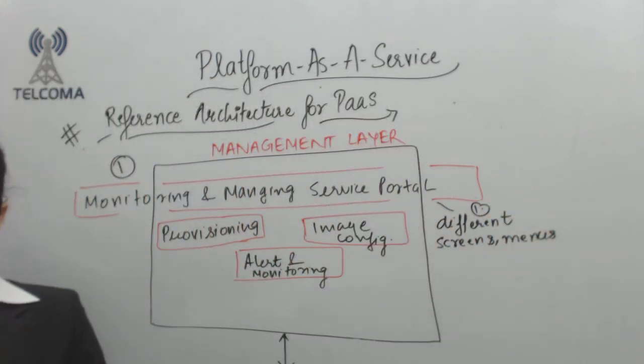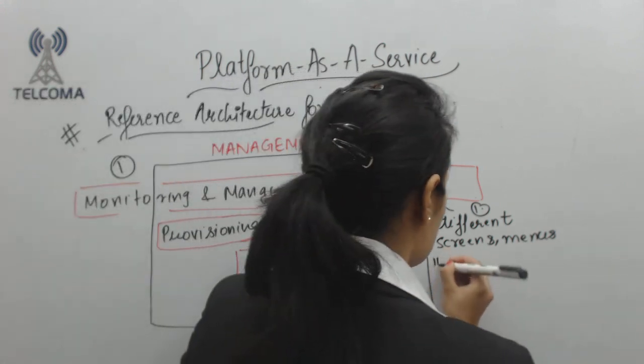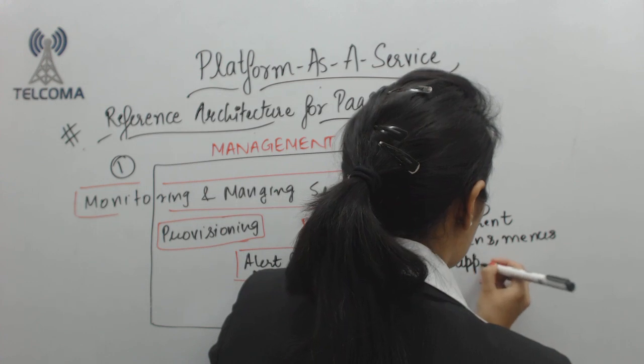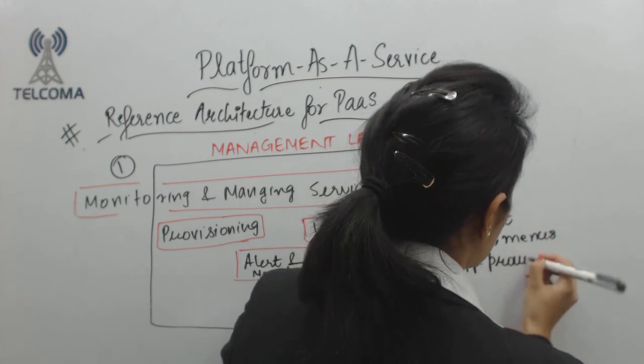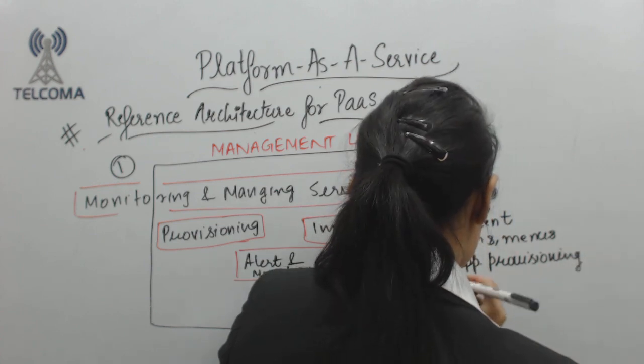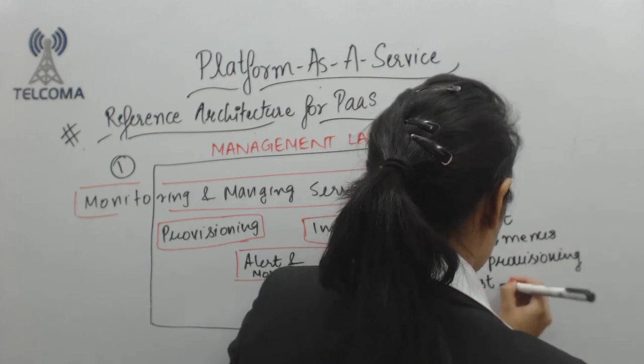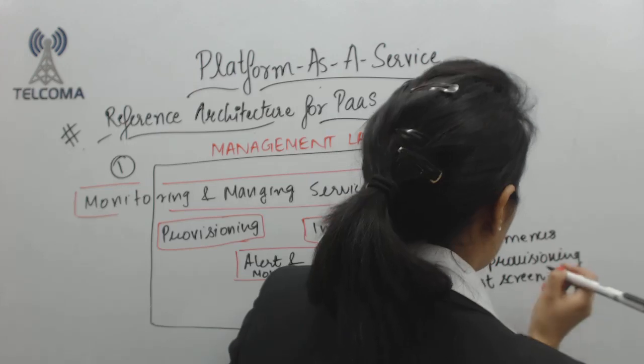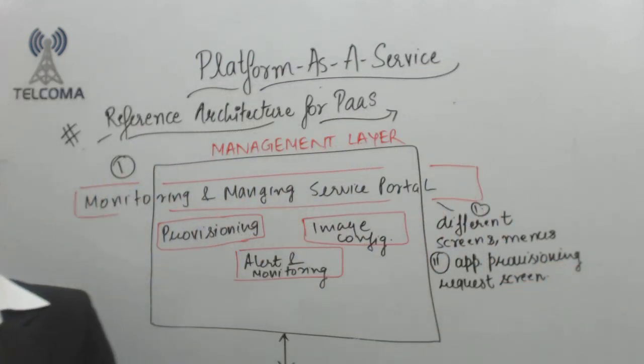After that, what it requires here is the application provisioning request screen, and then it requires the application events and health check screens for administration.